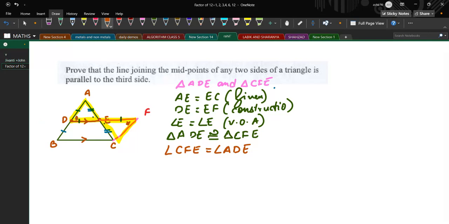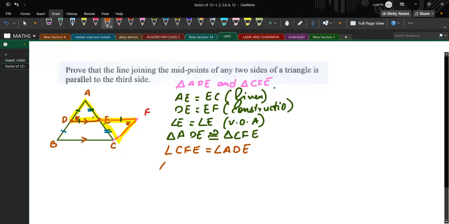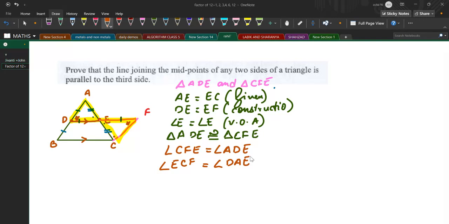This is clear. Are you there? Acha, you were muted. Then we have angle ECF, which is equal to angle DAE. The reason for both cases is the same.